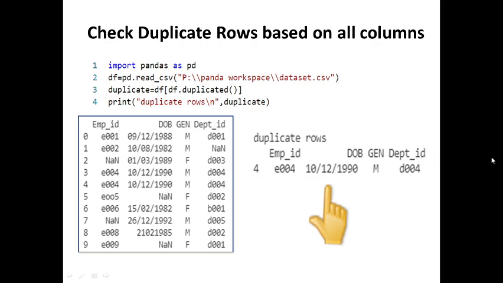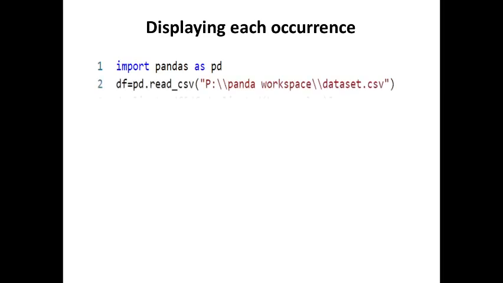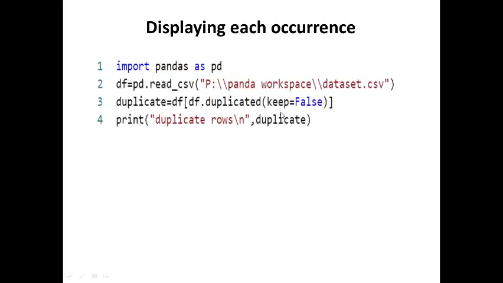Now if you want to print all occurrence of duplicate value, then we need to pass parameter to it, and that parameter is keep. So here we are writing keep equals to false. So it will print all occurrence. So if particular row is repeating 2 times, it will print that row 2 times. If row is repeating 3 times, that row will be printed 3 times, right? So it will print each occurrence. So we need to write keep equals to false.